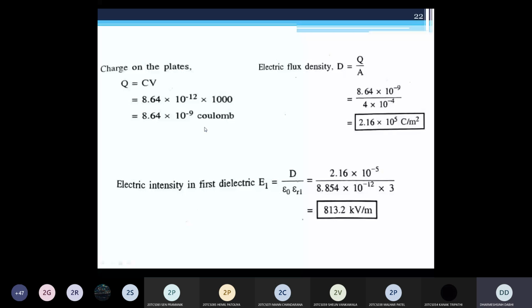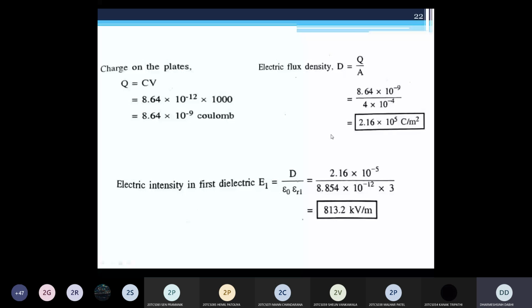So put this value Q in the equation of flux density, Q by A. Area is given 4 into 10 raised to minus 4 meter square. So finally you get the answer, electric flux density D is equal to 2.16 into 10 raised to 5 coulomb per meter square. Unit of flux density is what? Coulomb per meter square.